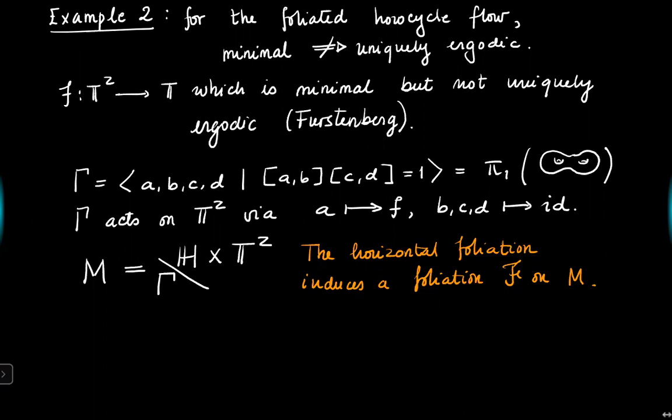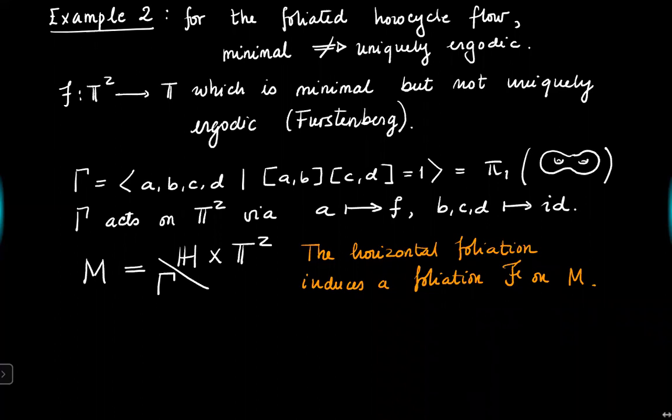And you can construct an example starting from a dynamics which is minimal but not uniquely ergodic. So this should say F from T2 to T2, the two-torus. A dynamics which is minimal but not uniquely ergodic. There is such an example due to Furstenberg, which is very nice.